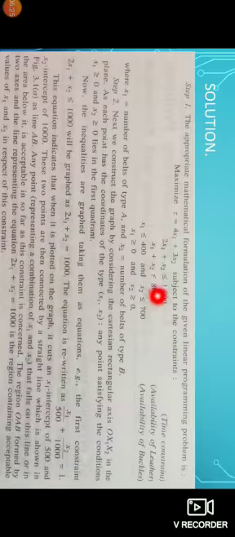Subject to the constraints: 2x1 plus x2 less than or equal to 1000, and second constraint x1 plus x2 less than or equal to 800.